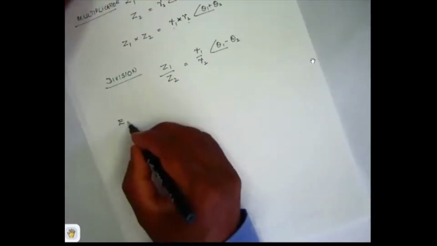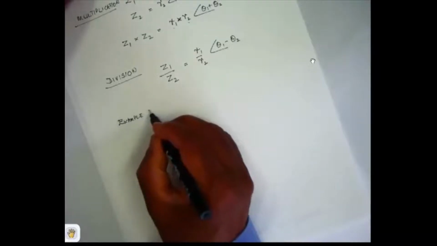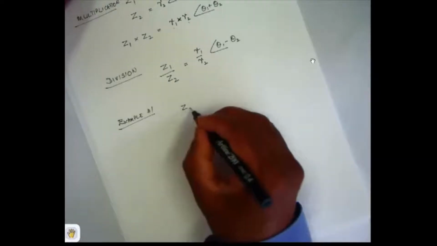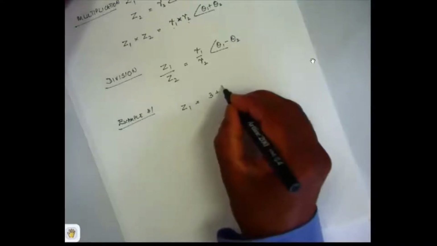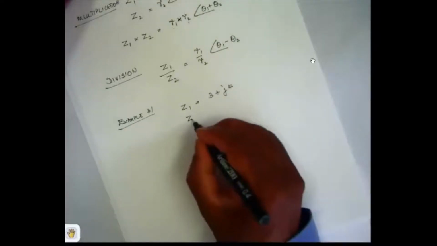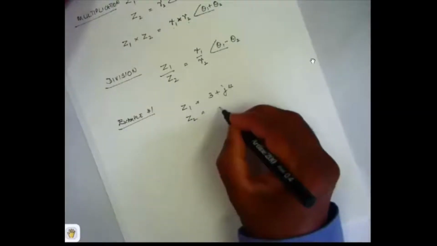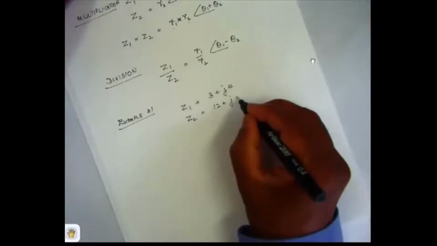Example 1. We take Z1 equal to 3 plus j4, and Z2 equal to 12 plus j5.